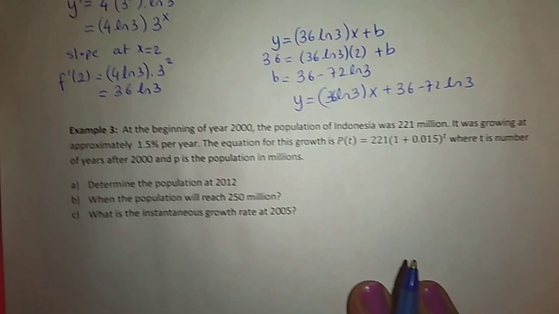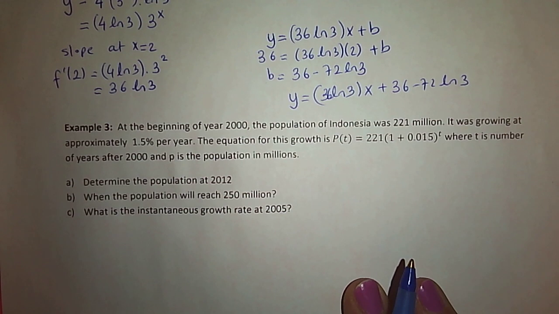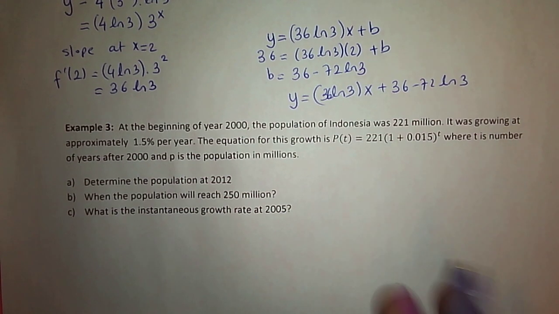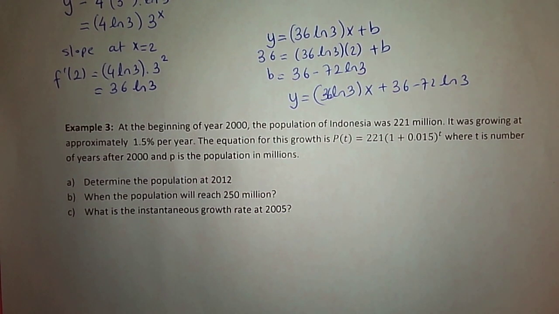Last question. You have some word problems in the textbook, so now this is an example of a word problem. At the beginning of year 2000, the population of Indonesia was 221 million. It was growing at approximately 1.5% per year.